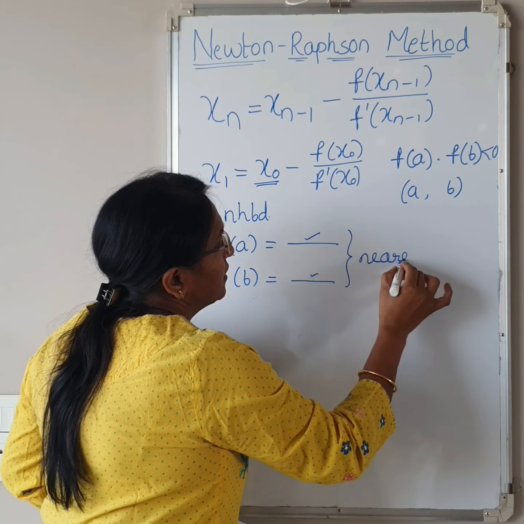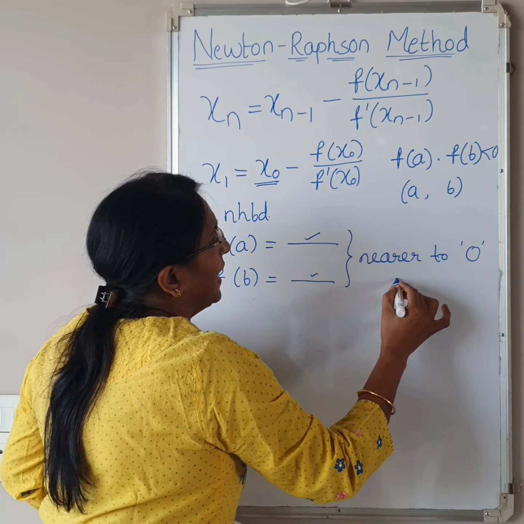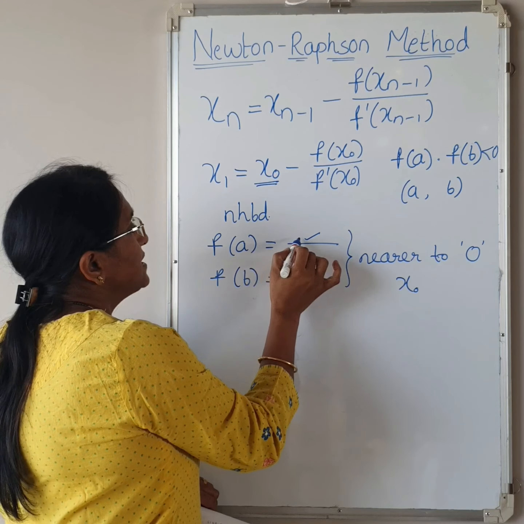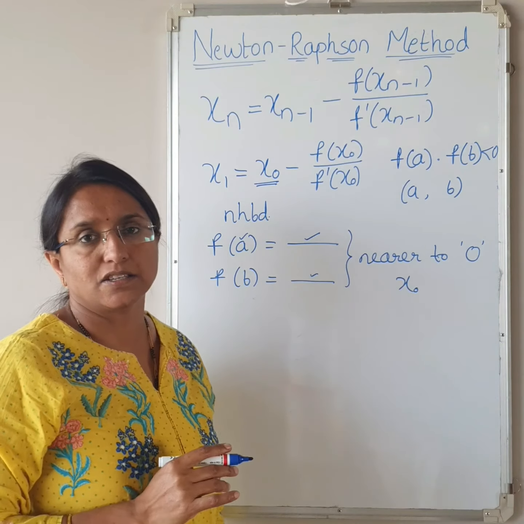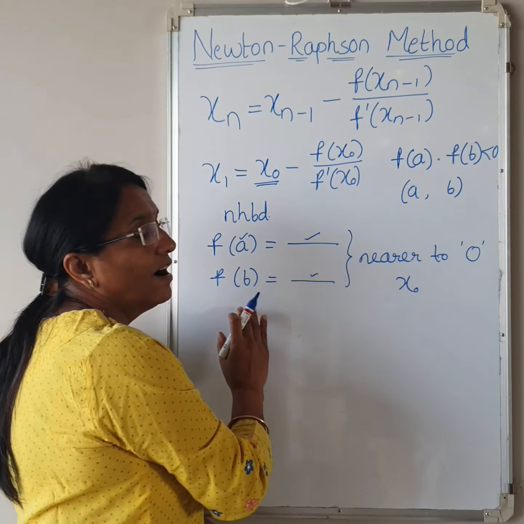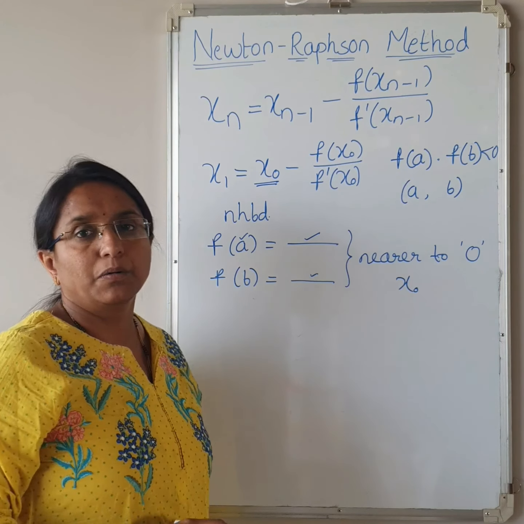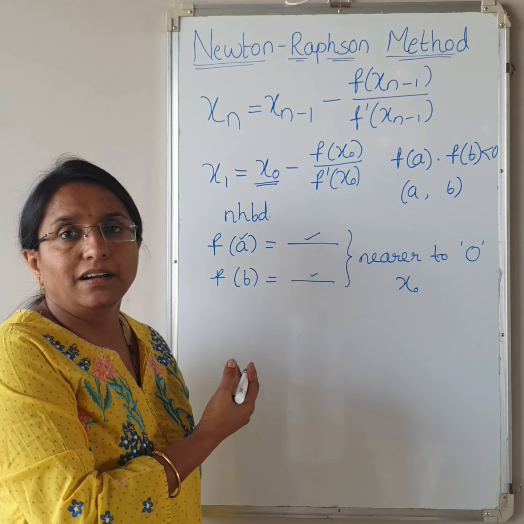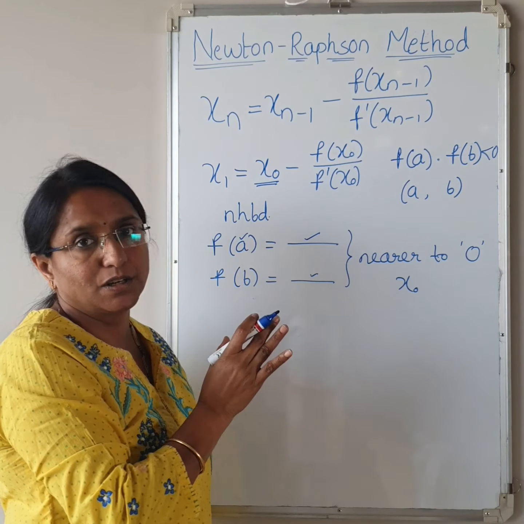That will be considered as x naught. If this is nearer to 0, then this point is considered as x naught. We will solve one example, then easily we will get to know how to find out the neighborhood point. Sometimes they will give neighborhood point also, that is x naught also. That time directly you can take x naught value and you can find out first root.